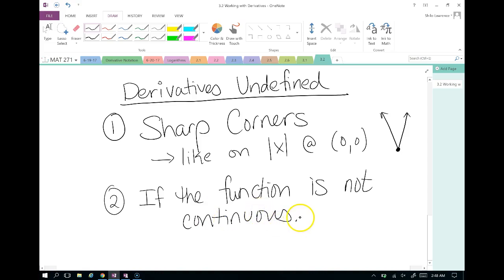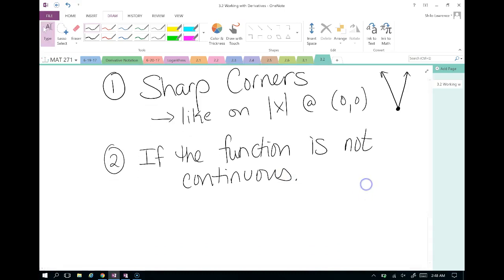The shortcut way to decide if your function is continuous, if you actually have a picture of the graph, is to see if you can draw the whole thing from start to finish without ever lifting your pencil. If you can draw the entire graph from start to finish without ever lifting your pencil, then it's continuous.